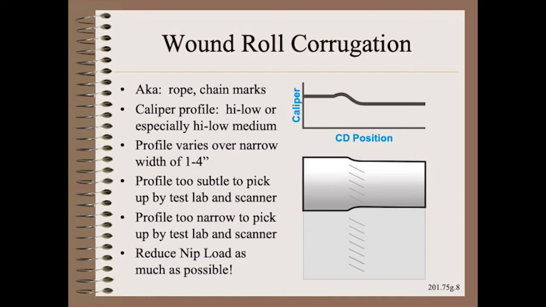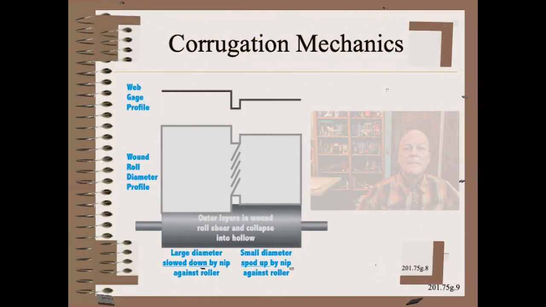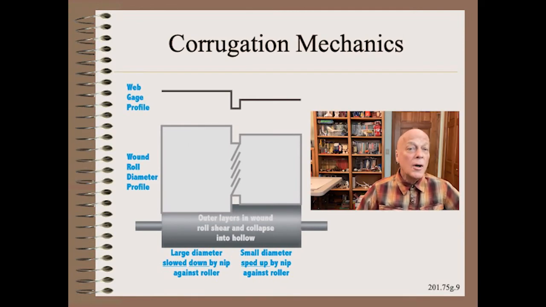However, even more important is that the thickness profile must be like a step that has sufficient gradient, meaning a large enough change over a narrow enough CD distance. Even worse for the corrugation is a step co-located with a valley in a very narrow region.